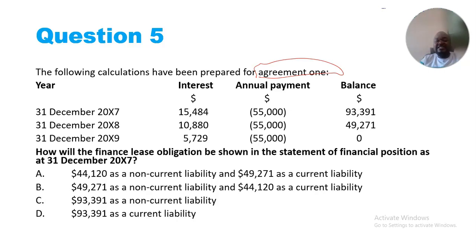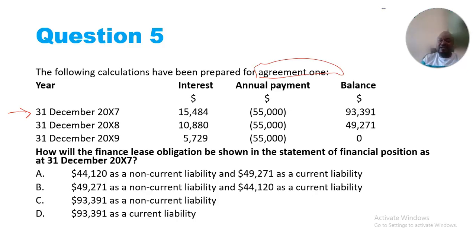How will the finance lease obligation be shown in the statement of financial position as at 31st December 20x7? So we are preparing financial statements for 20x7. But you then need to do an extra year, because if you don't, you are not going to come up with the figures we need.